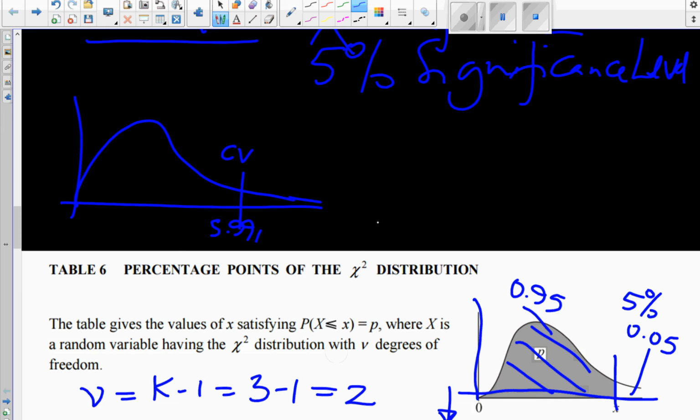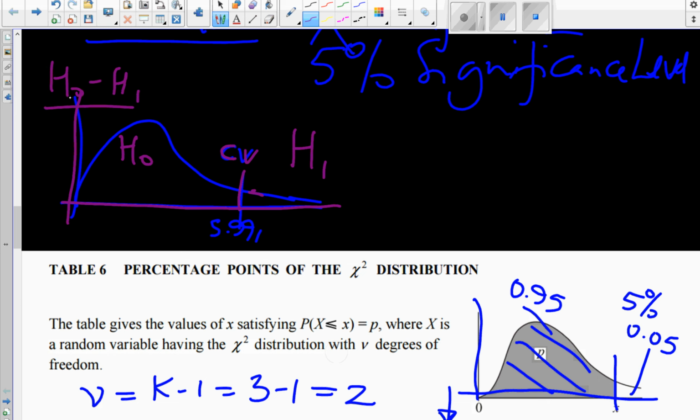And we're interested in something more extreme than that. So there's our critical value, 5.991. We're interested in this end. That's more and more extreme, and further and further away from the norm. So that's going to be our H1 area, and that's going to be our H0. So in effect, in these cases, we have an H0-H1 line.